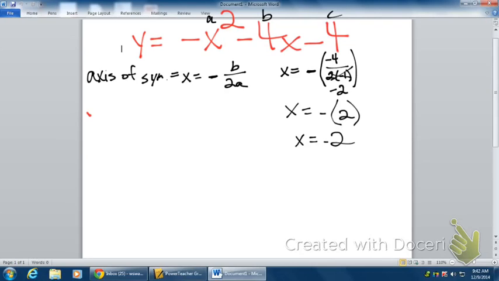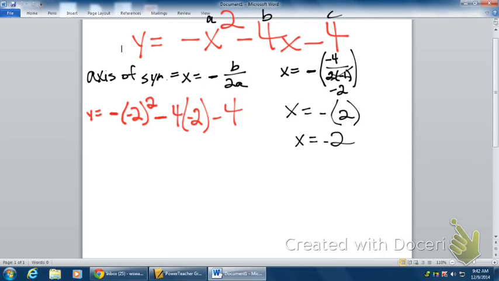So I have y equals negative negative 2 squared. Make sure you keep that negative outside of there. Minus 4 times negative 2. I just substituted negative 2 in for x.